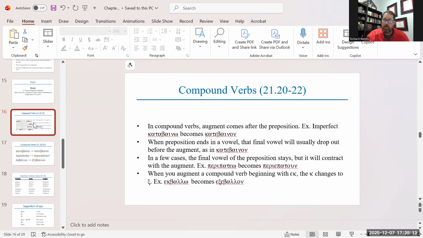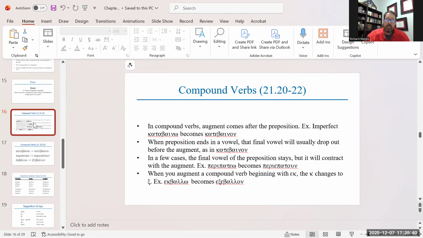Remember, a compound verb is a verb that has the verb and a preposition, usually a preposition prefix. So the prefix would come first. If you have a compound verb, first of all, the augment is going to come after the preposition. So you can see katabaino, right?